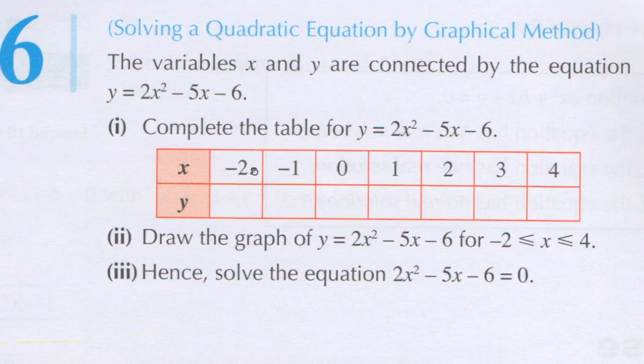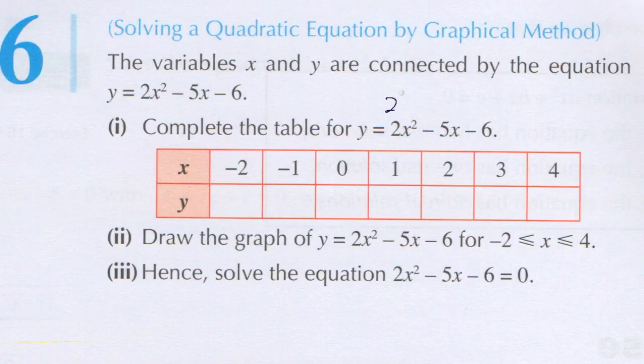If you want to find out what is y when x is -2, all you need to do is press your calculator, right? So you put in -2 here, put in -2 here, you will have 2 times -2 squared, right? And that will give you, maybe let me write it down.